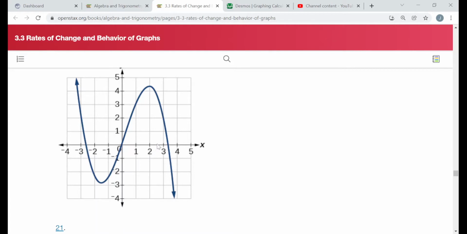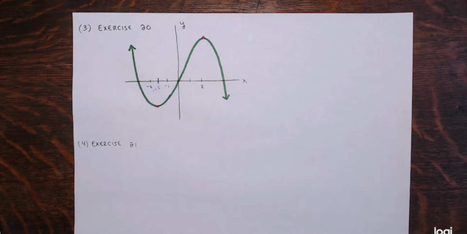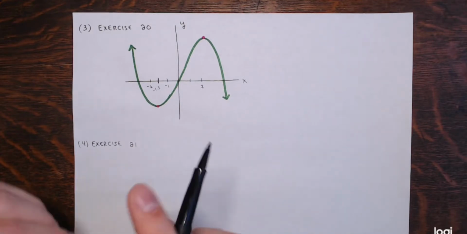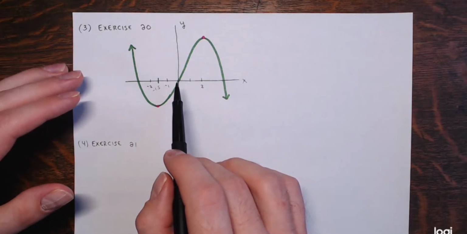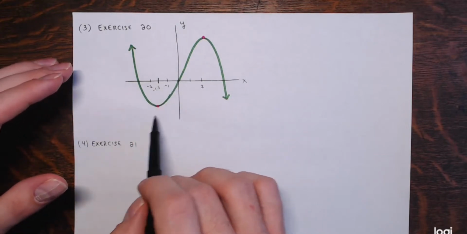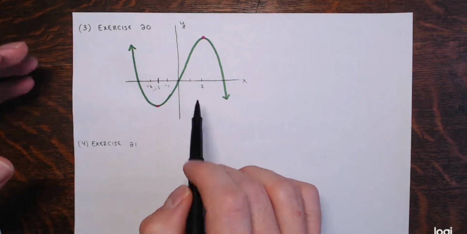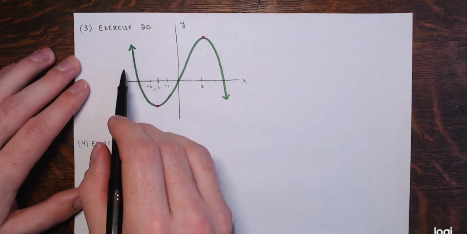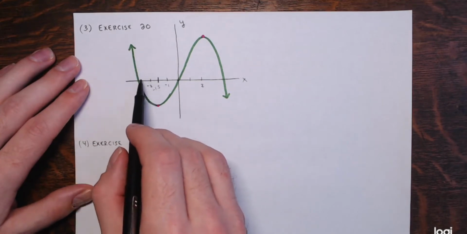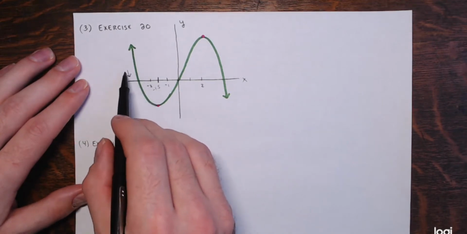Alright, so once again, I'll just draw a quick sketch of this and state where it's increasing and decreasing. Easy enough. Here is a very rough sketch of the graph they just gave to us. This time, instead of writing out all the stuff below it, let's just point it out here. Going from left to right, from the left forever up until -1.5 on the x-axis, the graph is clearly decreasing.